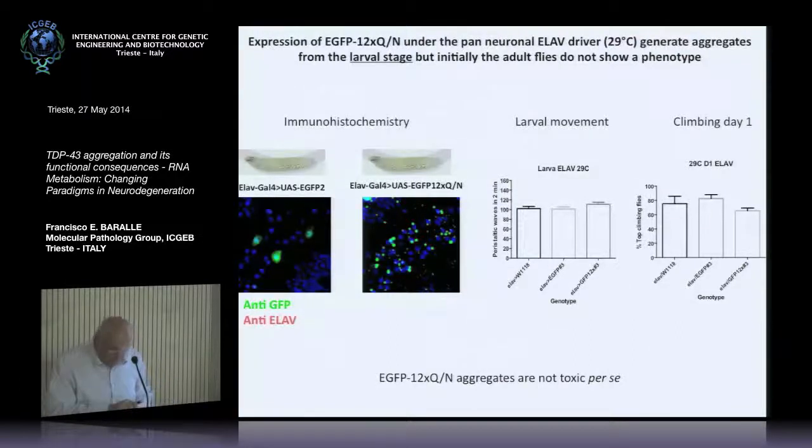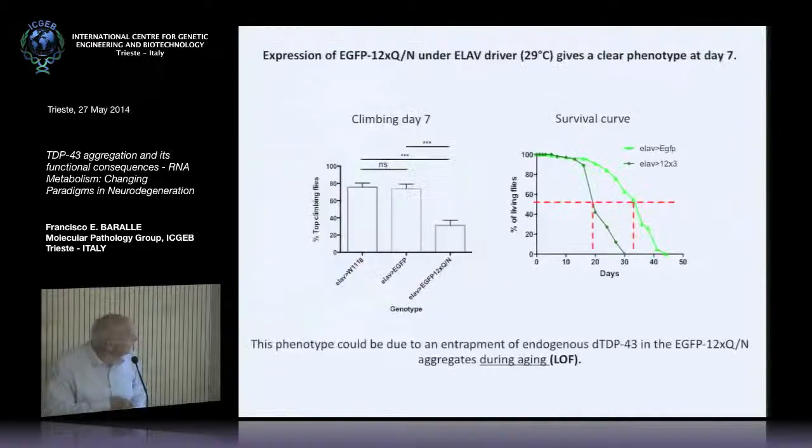Only after 1 or 2 weeks, if you are working at lower temperature, you get a drop in mobility and a shortening of life. So in this case, aggregates are harmful, and they are causing a loss of function. That is obvious, no? In the eye, the loss of function is not important. In the neuromuscular junction it is.